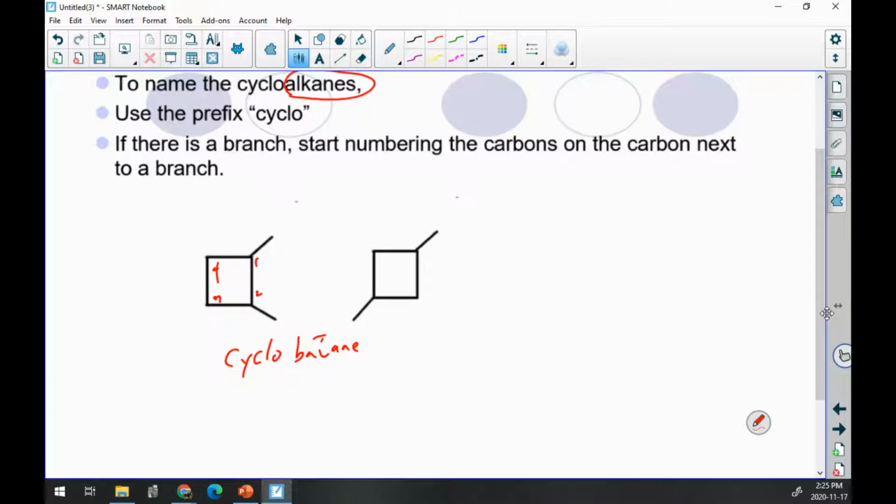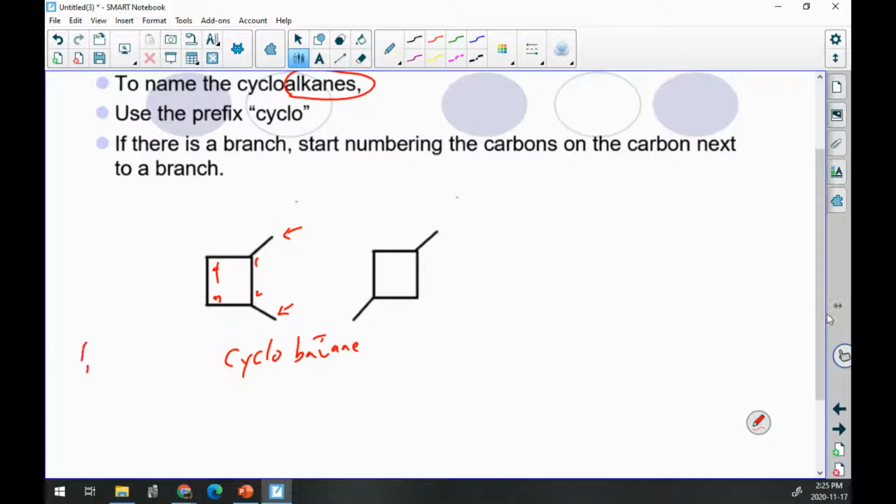Now you notice how I numbered it. I numbered it starting at a branch, and I numbered through my branches. This branch contains 1 carbon. This branch contains 1 carbon. So we have methyl branches twice.